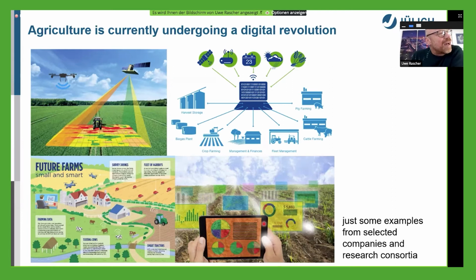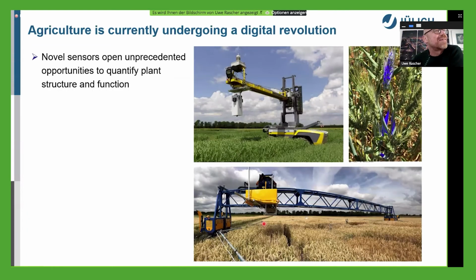If I try to organize this a little bit, and think about what elements are currently undergoing this technical revolution, on the one hand, we have worked a lot on the sensors itself. We have developed in the past years novel sensors, like here in this case, an active fluorescence sensor, which can look into plants online while being in the field and derive information about the structure and the function of the plants, which is unprecedented.